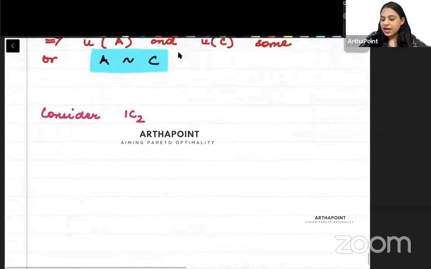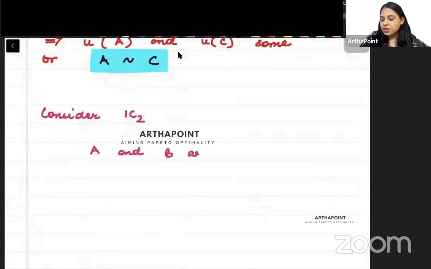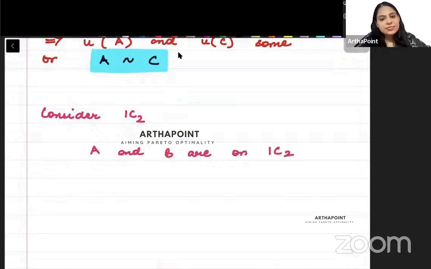Again we will use the same property. What property will we use? Two points which are on the same indifference curve should provide the same level of satisfaction to the consumer.